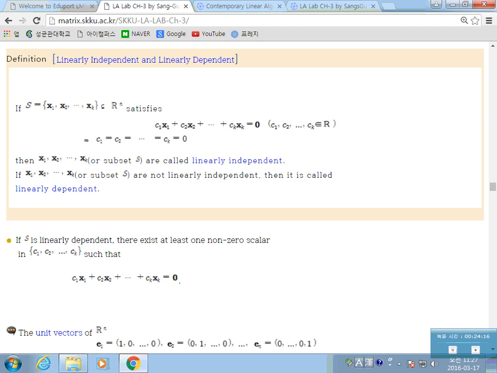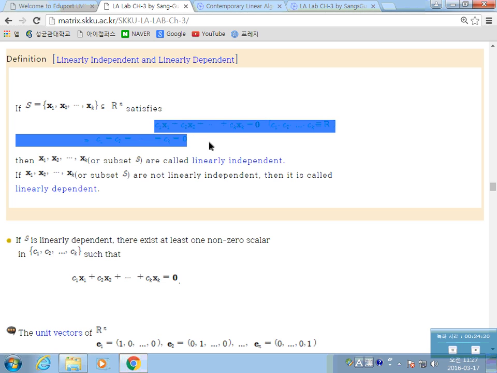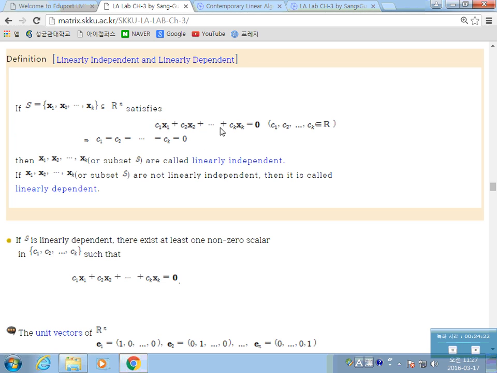Let S be a subset of Rn that satisfies this, which means when a linear combination of the xi is equal to 0, that implies all the coefficients are 0. In that case, we say these xi's are linearly independent. If we have a set of k vectors, take the linear combination of it, and let it be the zero vector. Then show all those ci's are zero.